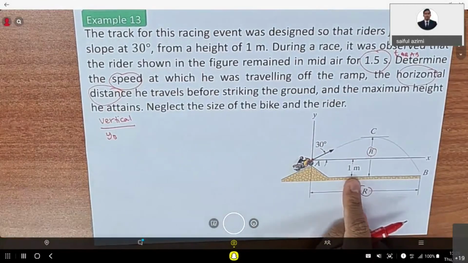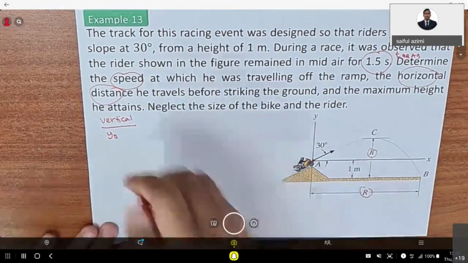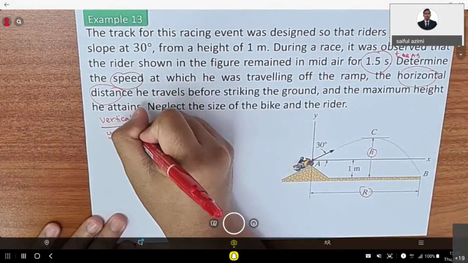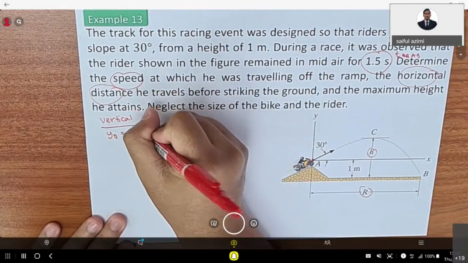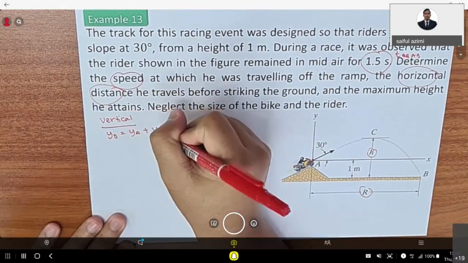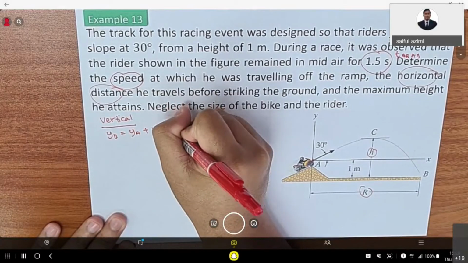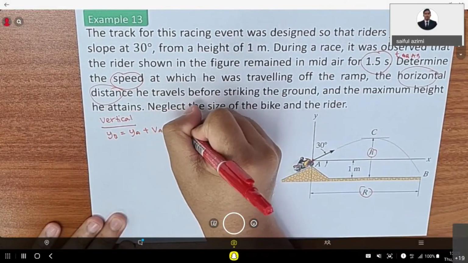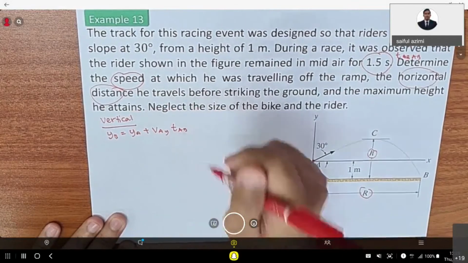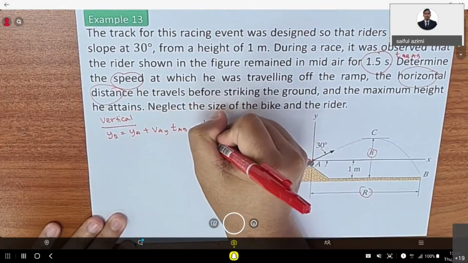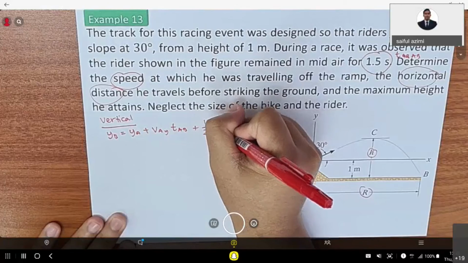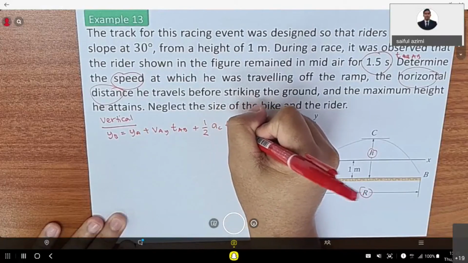YB equals YA plus VAY times T A to B, which we already have, plus 1 over 2 AC TAB squared.